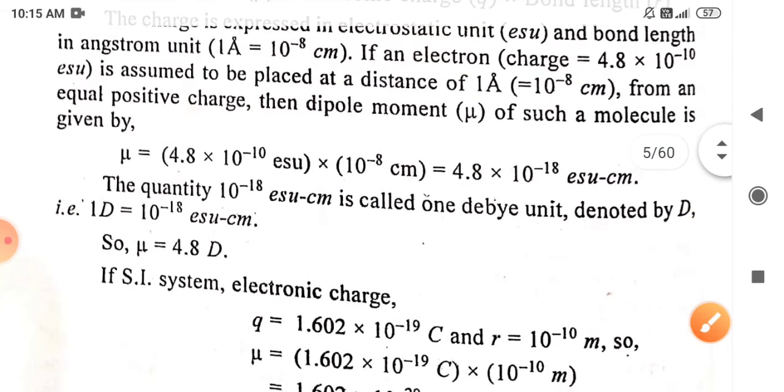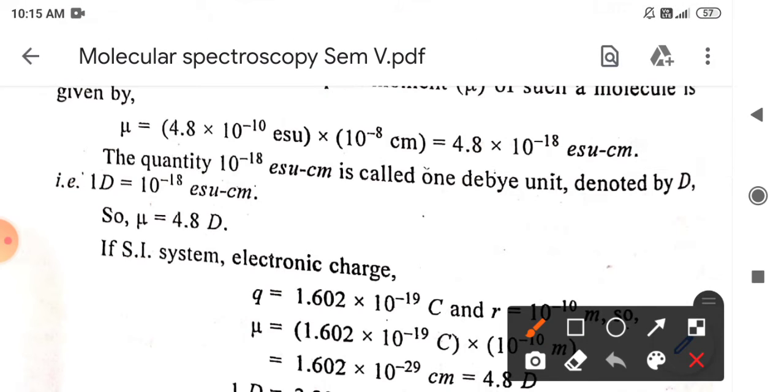The quantity 10 raised to minus 18 esu cm is called 1 Debye unit, denoted by D. So we can say that mu is equal to 4.8 Debye. This is one conversion.